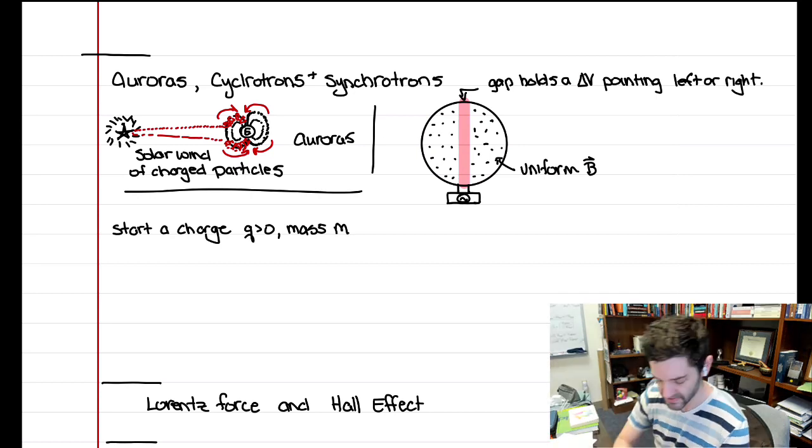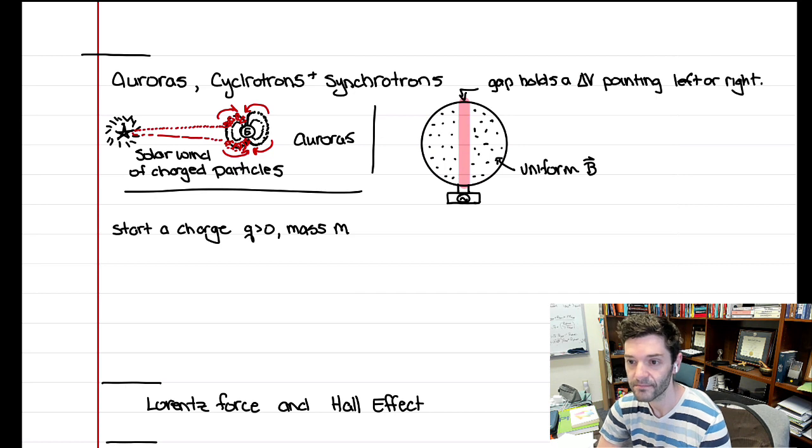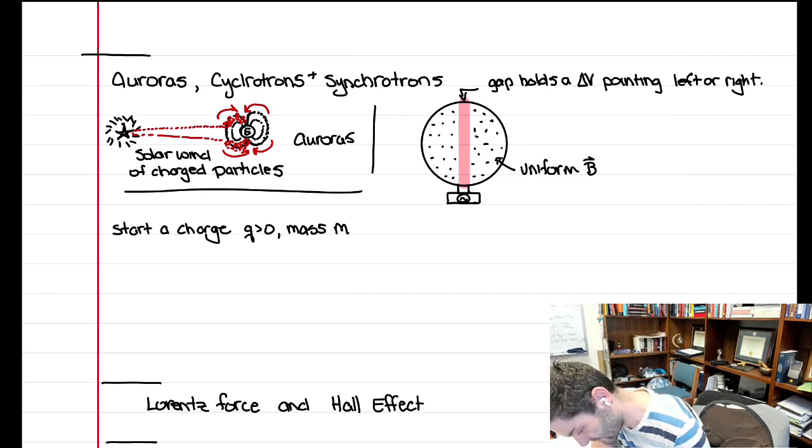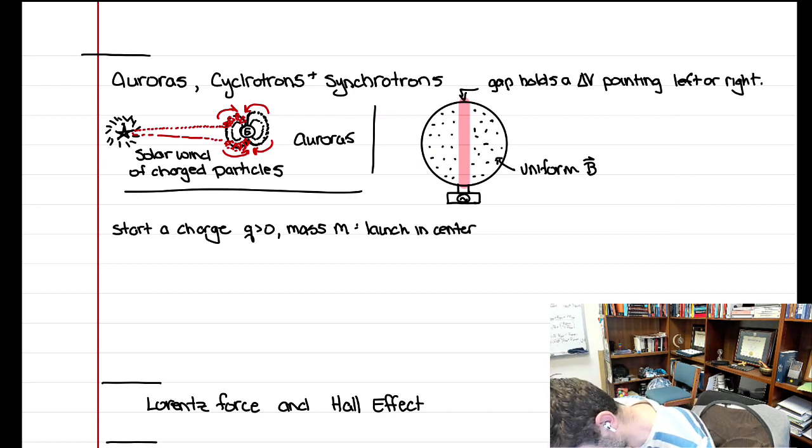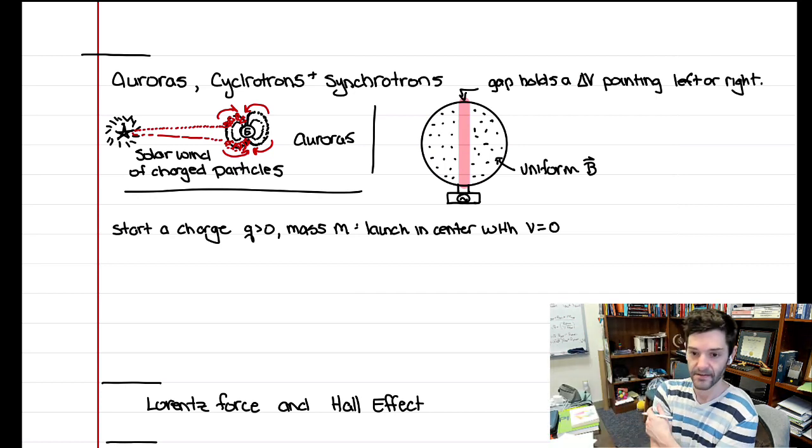So let's say maybe it's a proton. Then the charge would be plus E, and the mass would be the mass of the proton. And you launch it in the center. And suppose you release it from rest, right? We launch it with a velocity that's essentially 0 in the center.